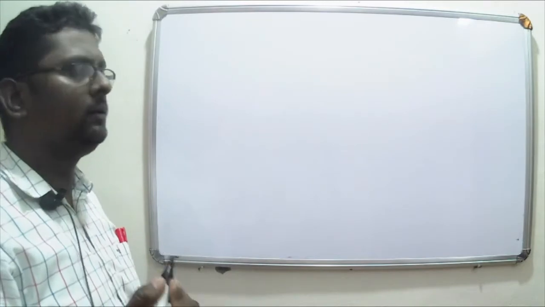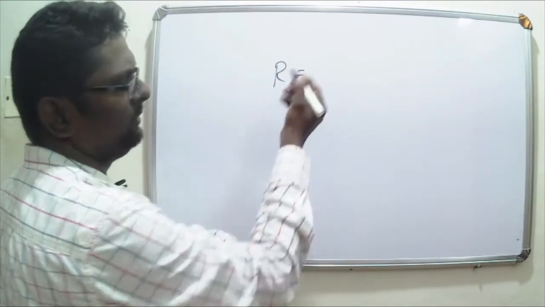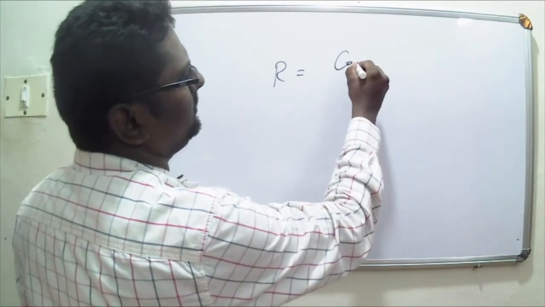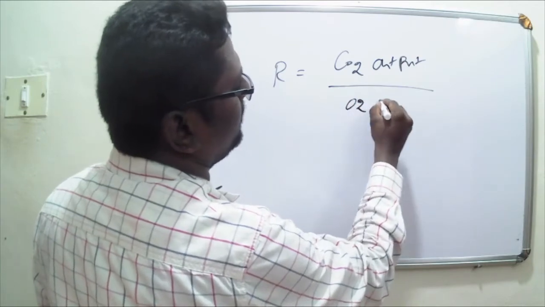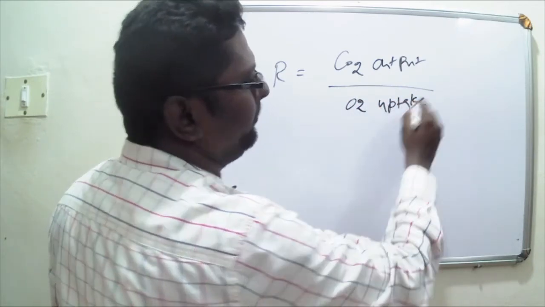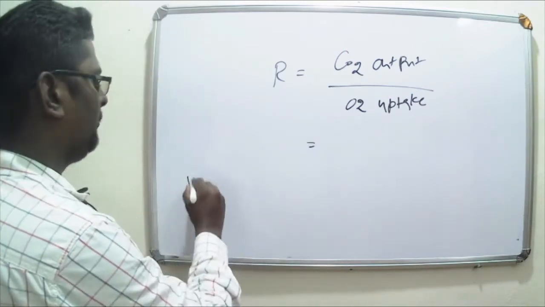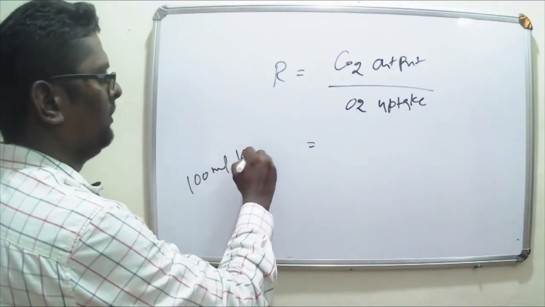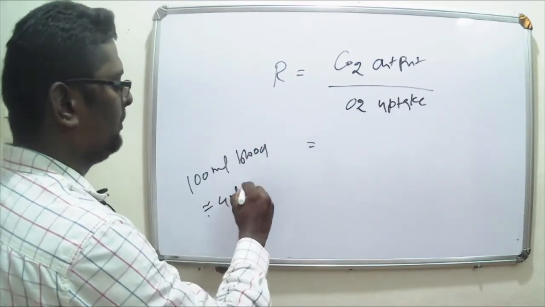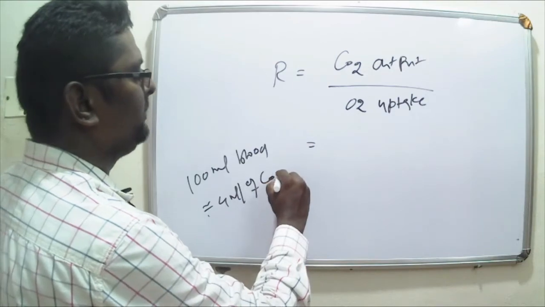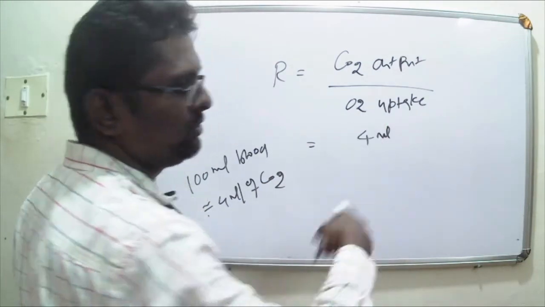So how do we calculate the respiratory exchange ratio, which is represented by the letter R? This is the rate of CO2 output by O2 uptake. Normally about 100 ml of blood delivers approximately 4 ml of CO2 from the tissues to the lungs.